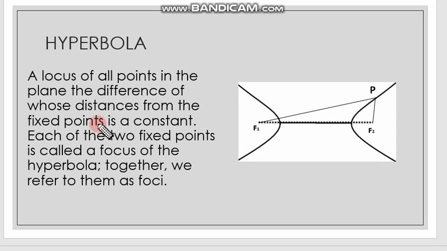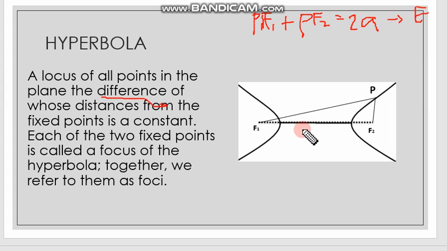Just like the ellipse, it is a set of all points, with the same definition except for one word. In an ellipse, it is the sum of whose distances from the fixed points is a constant: PF sub 1 plus PF sub 2 is equal to 2a. This is the definition of an ellipse.